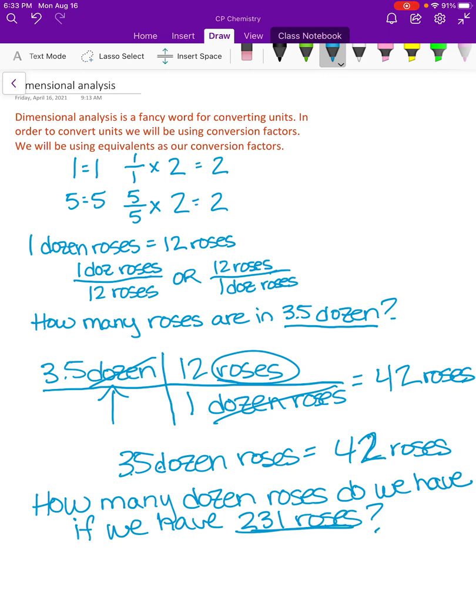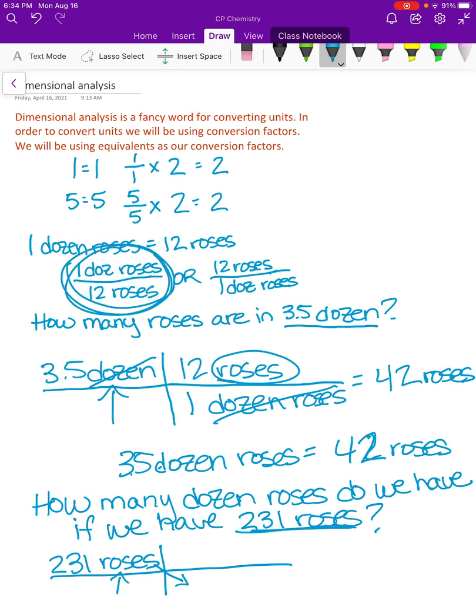So we're starting with 231 roses. Set up our T-chart. This time we're starting with roses, so we want roses on the bottom. So we're going to use 1 dozen over 12 roses. That's so the roses cancel out, and our answer will be in dozen.